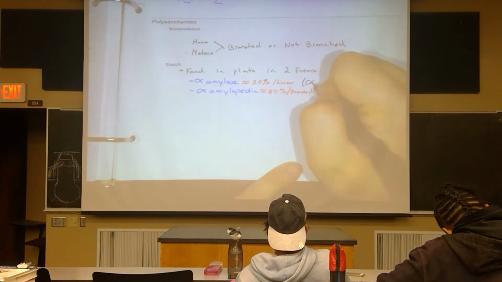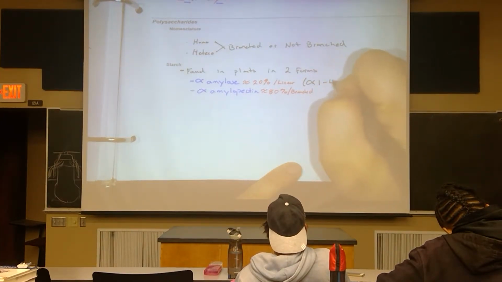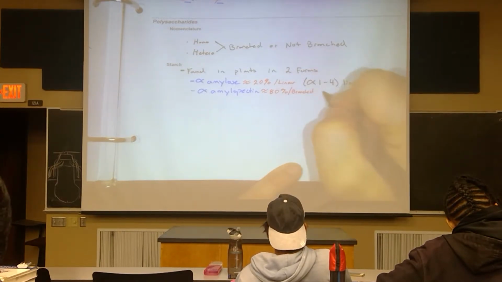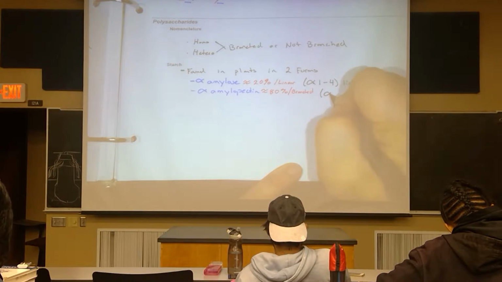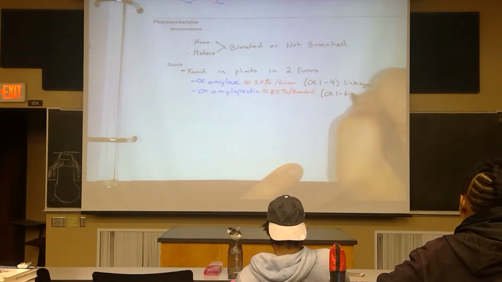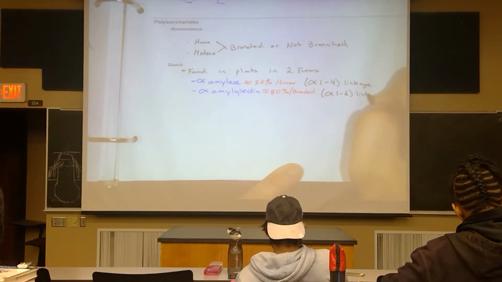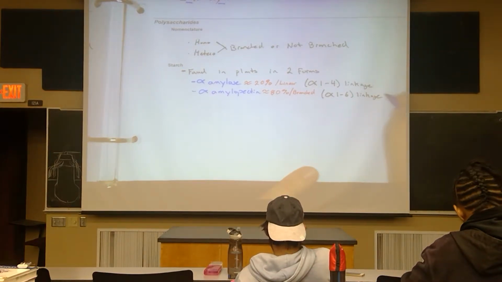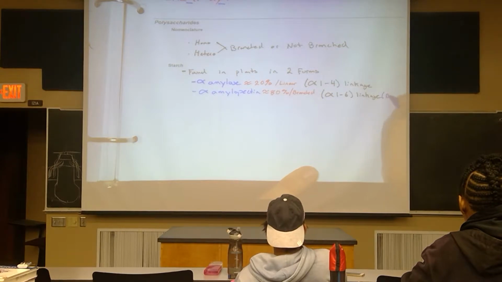You see this as an alpha 1,4 linkage. And in amylopectin, you see an alpha 1,6 linkage. You see both in amylopectin. The alpha 1,6 linkage is for the branch.